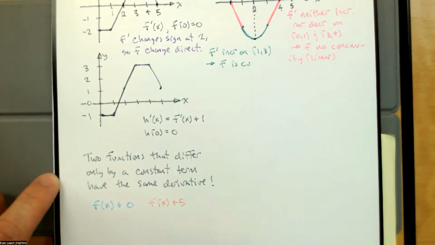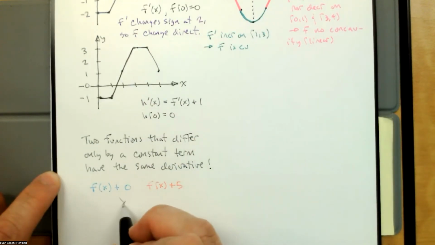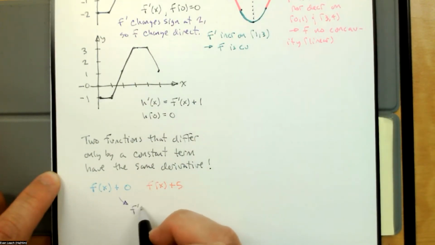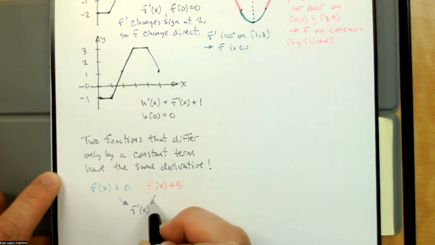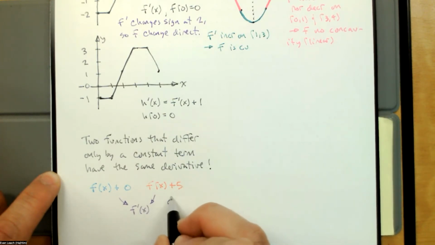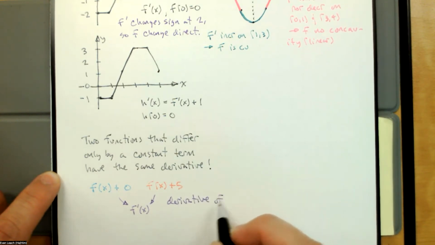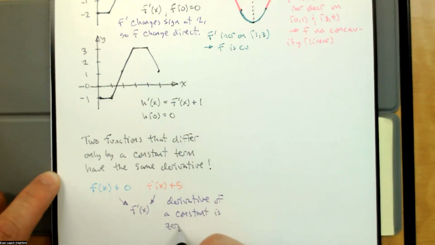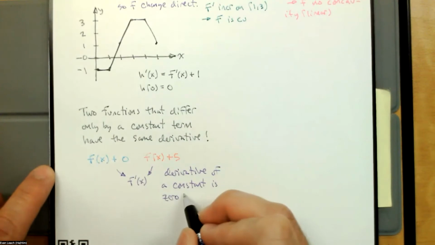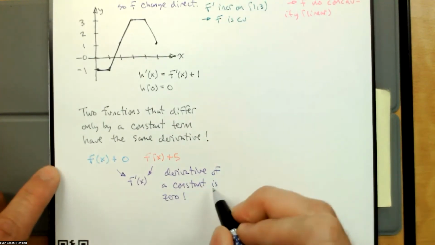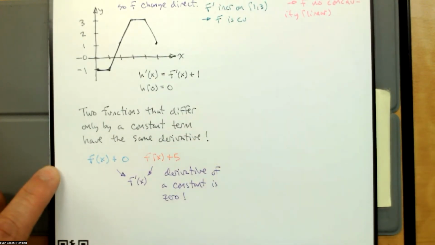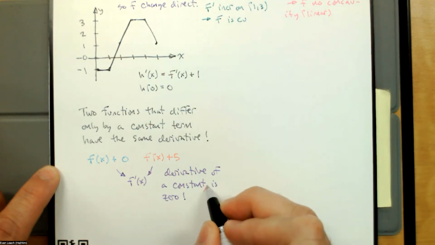So they both have the same derivative. The derivative of a constant term is 0.